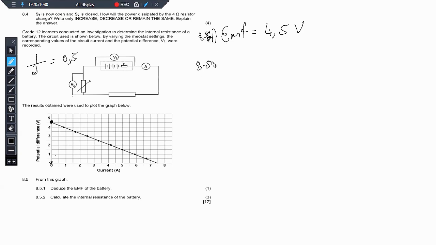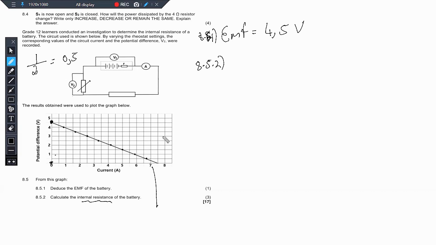Then 8.5.2 says calculate the internal resistance of the battery. You will remember that I once said that if you are given a potential difference versus current graph, then you must know that the gradient is the one that represents the resistance. So if we want to calculate our internal resistance R, we can find that by just using the gradient formula, right? Because the resistance is represented by the gradient of the graph.